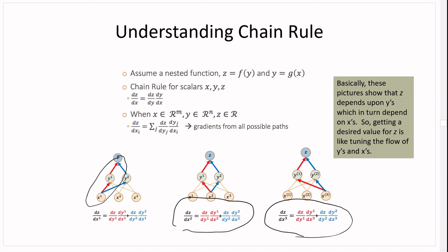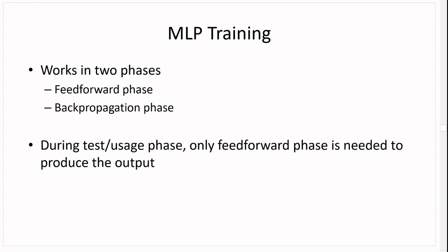So essentially, chain rule is exploiting dependencies between different variables. And chain rule is the one that is used to figure out how the output is dependent on the intermediate weights and so on.